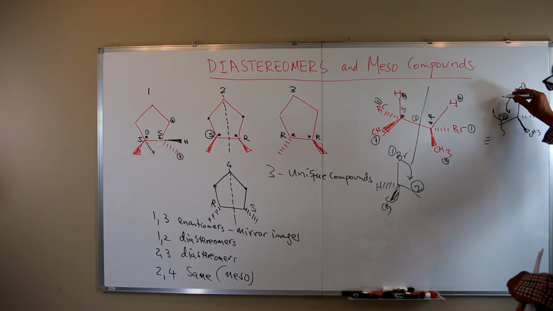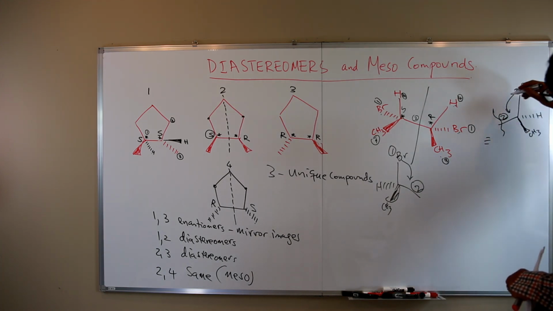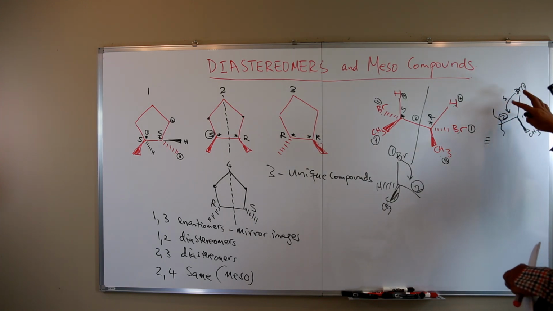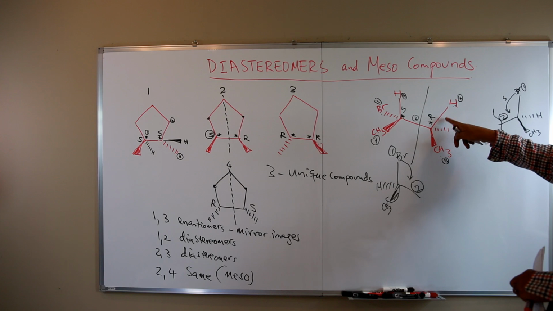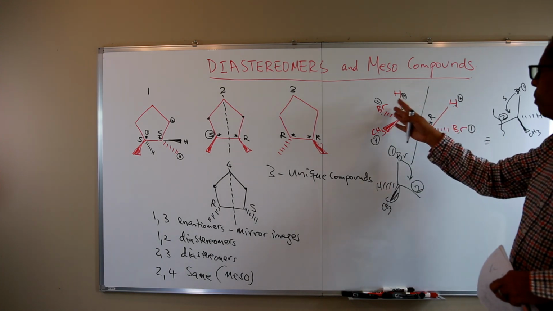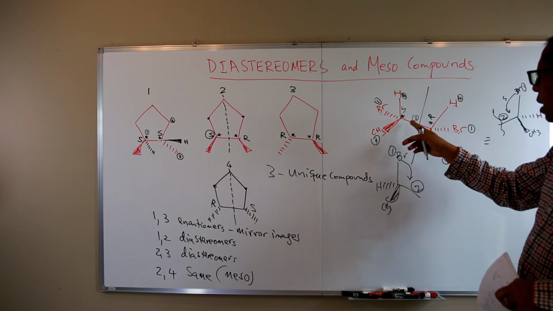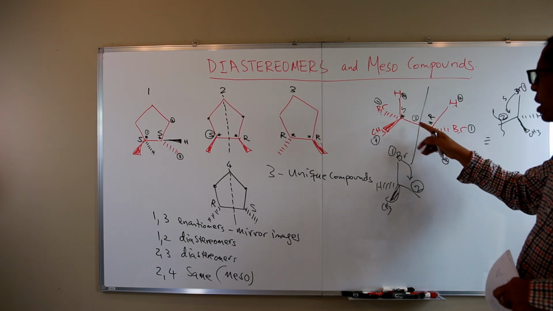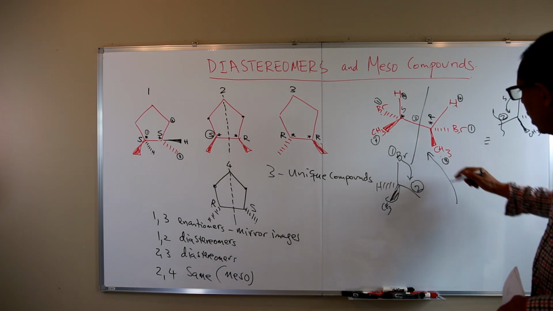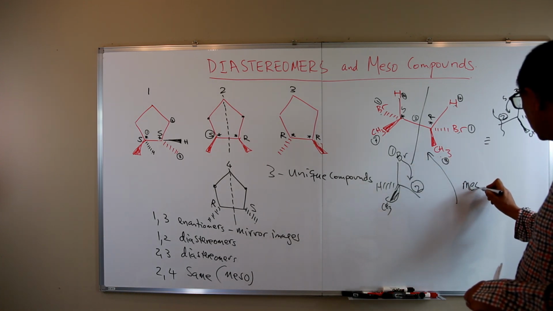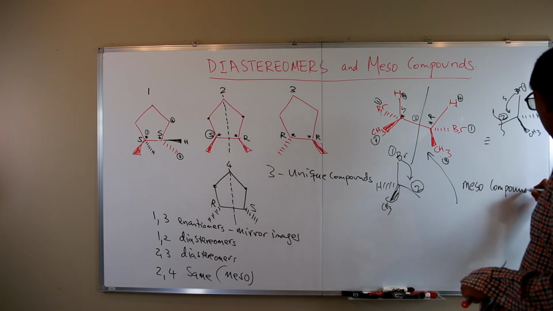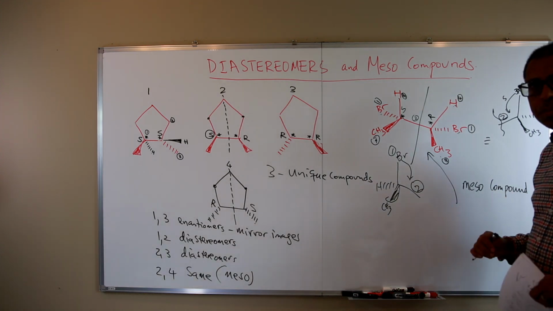This is a counterclockwise S, but since I have switched them artificially, this is an R compound, like I just suggested. So within the molecule, there is an S reflected to R. Everything is reflected. This compound is called a meso compound.